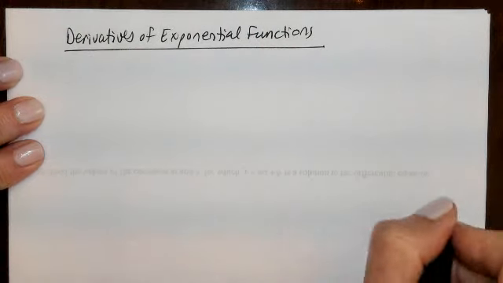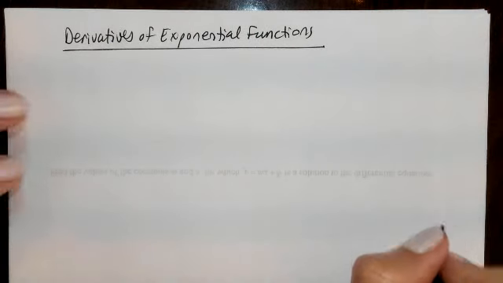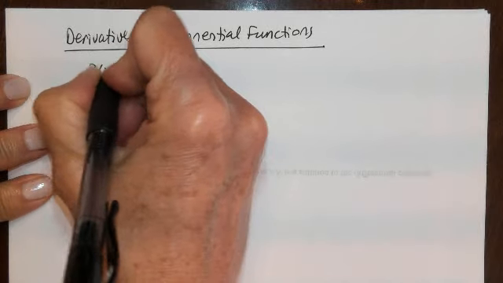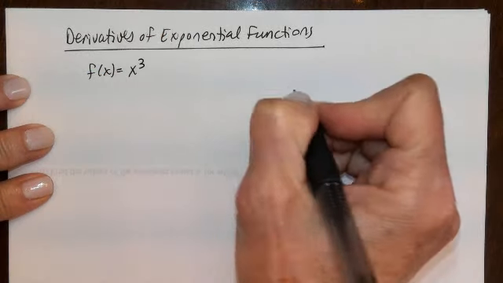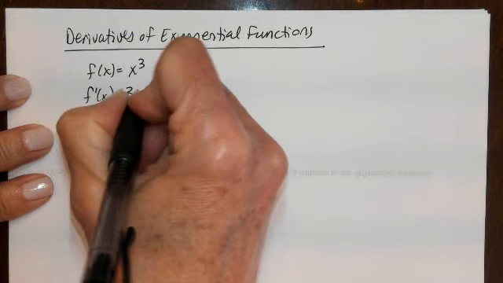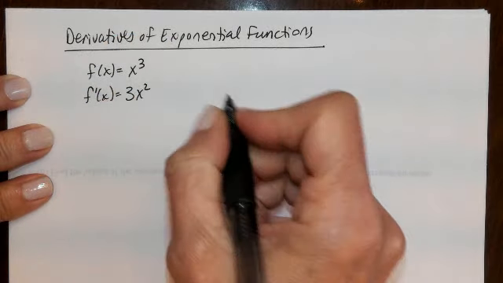All right, very important. Do not use the power rule for exponential functions. If you have f of x is x cubed, yes, that is power rule. So f prime would be 3x squared. Power rule.